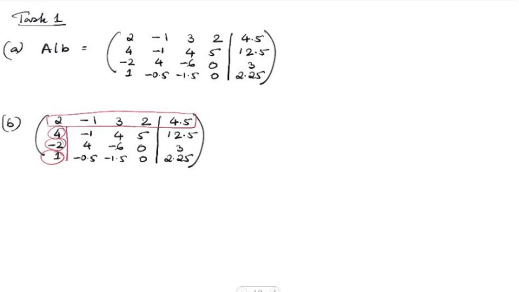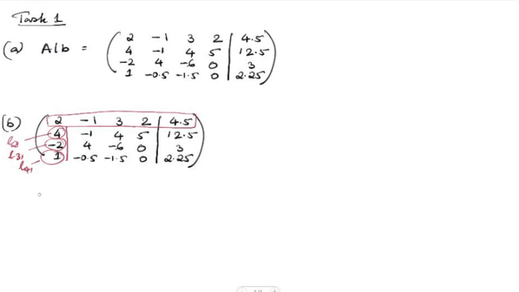So we look at these elements here and we are supposed to make them zeros. These are our elimination factors. This is our elimination factor L21, this is our elimination factor L31, and this is our elimination factor L41. So we're supposed to now find the elimination factors.